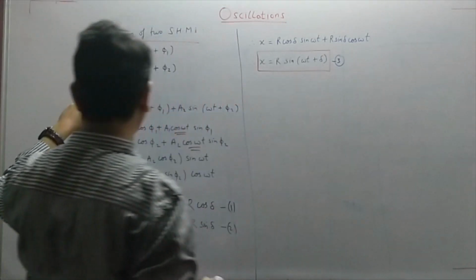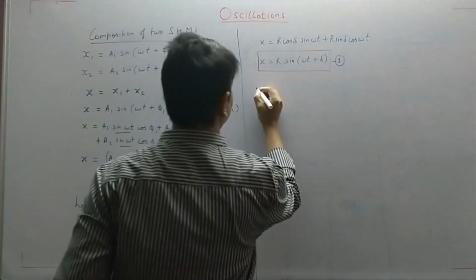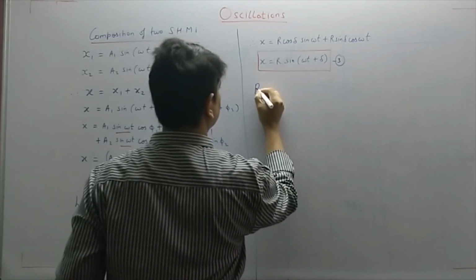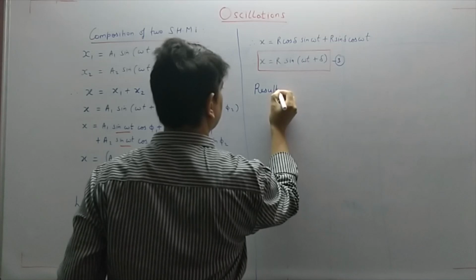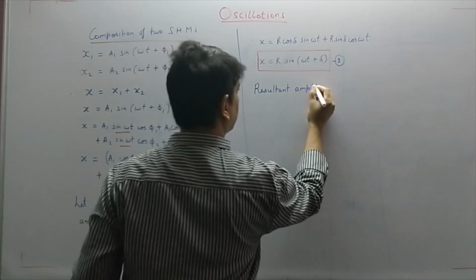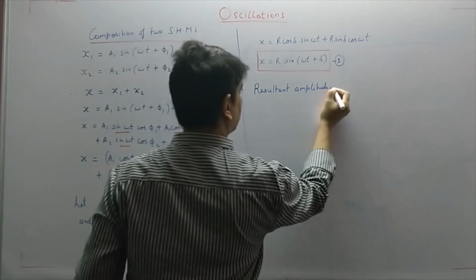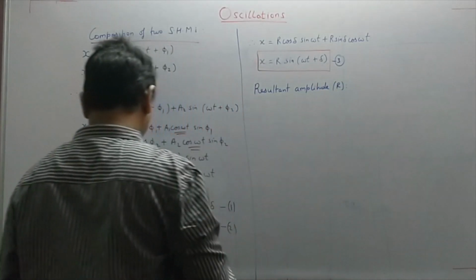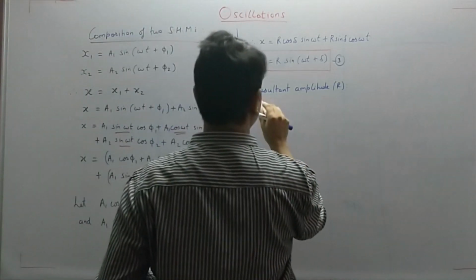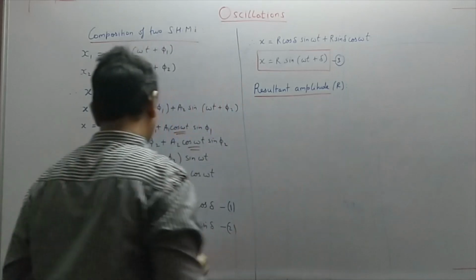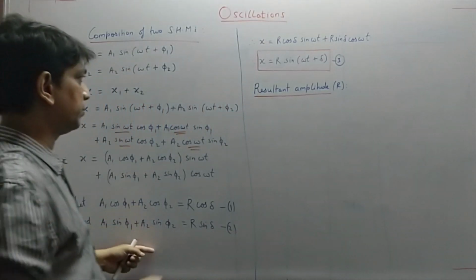Now going for resultant amplitude r. Squaring and adding equation 1 and 2.